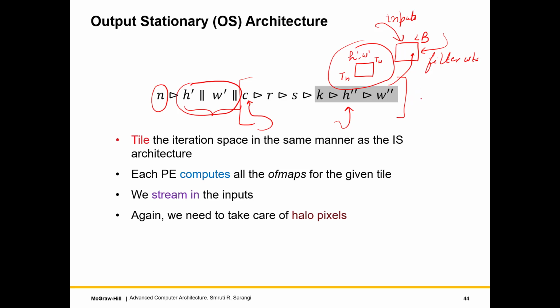We keep K OF map tiles at the same position stationary. Stationary means cached in the local buffer. We tile this iteration space in the same manner. Each PE computes all the OF maps for a given tile. We stream in the inputs and so on. Again, this issue of halo pixels will be there, and that has to be taken care of by deliberately sending a larger input tile.